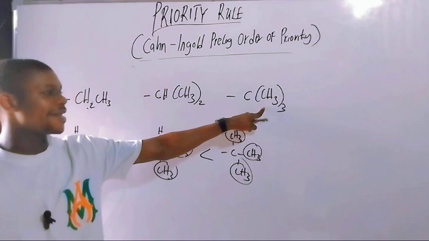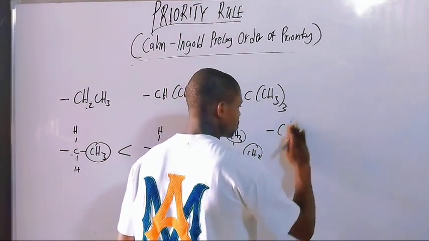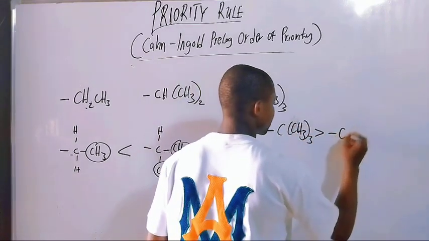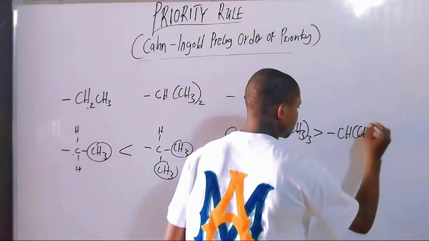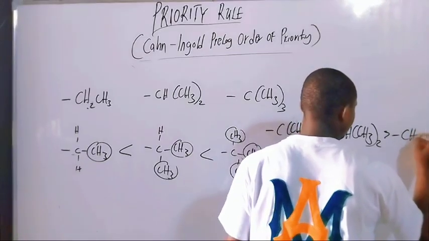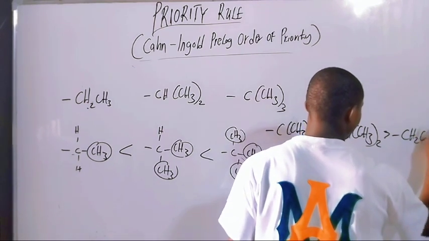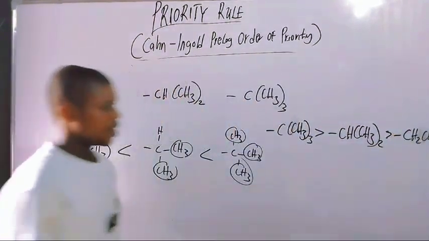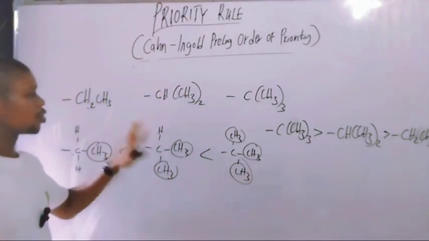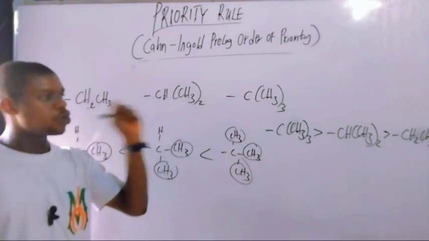So here CH3 is greater than CH3, and here we have C2CH2. Can you see that? That is rule number 2. You just understand? Rule number 2.